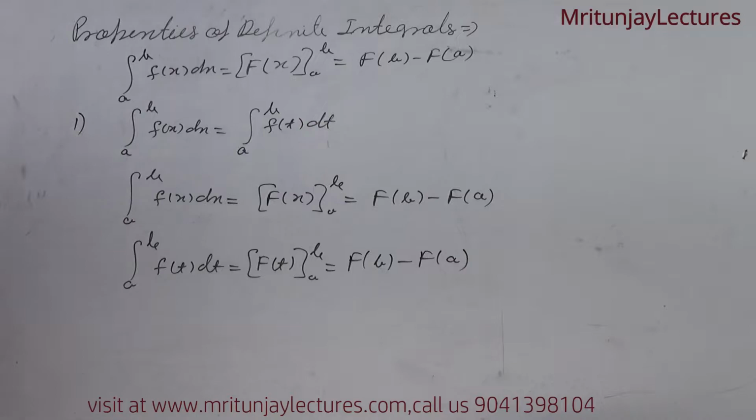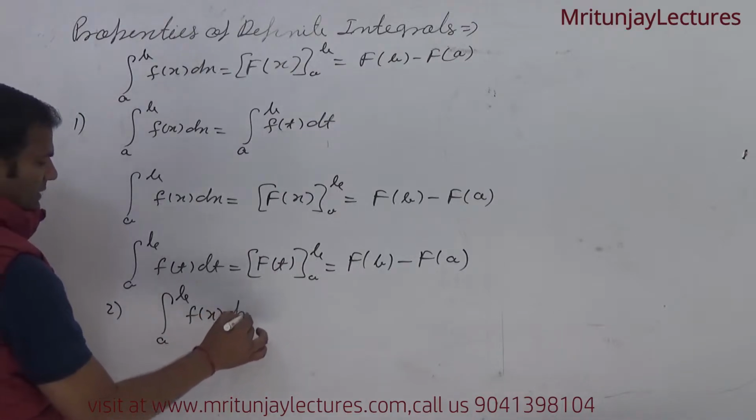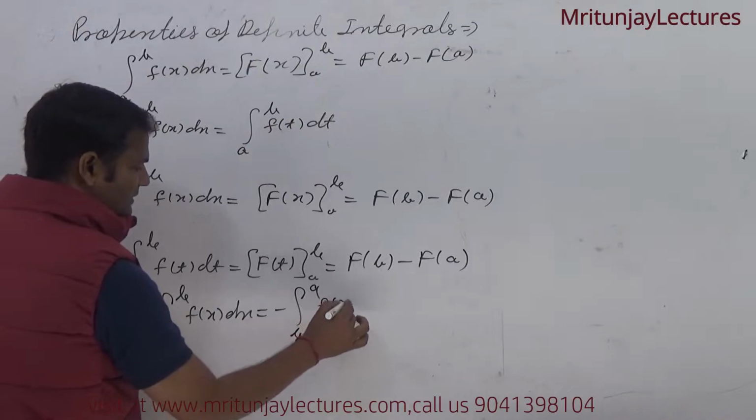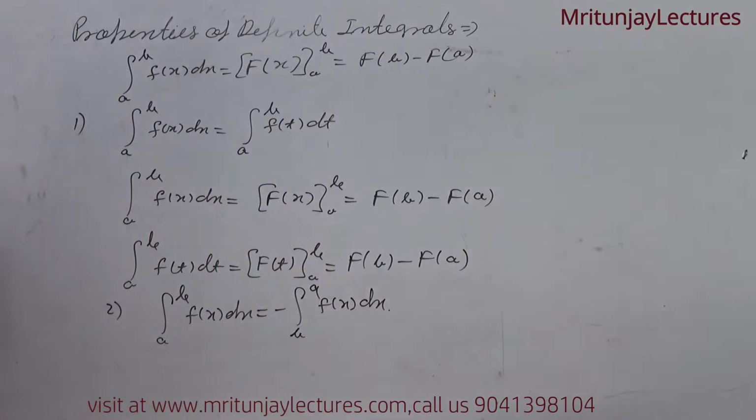Okay, now another property, the second property: the integral from a to b of f of x dx is equal to minus the integral from b to a of f of x dx. Any doubt?